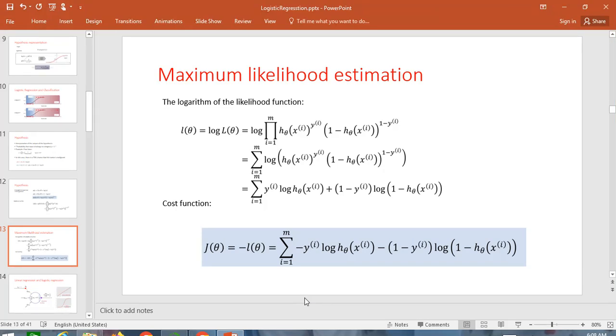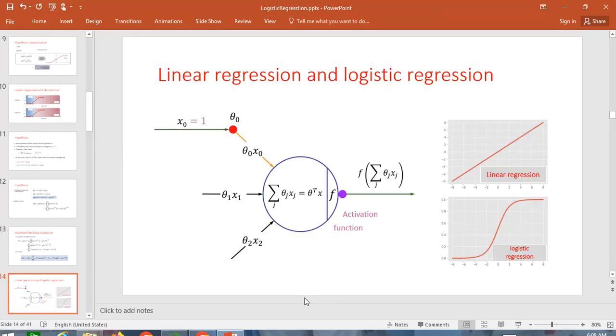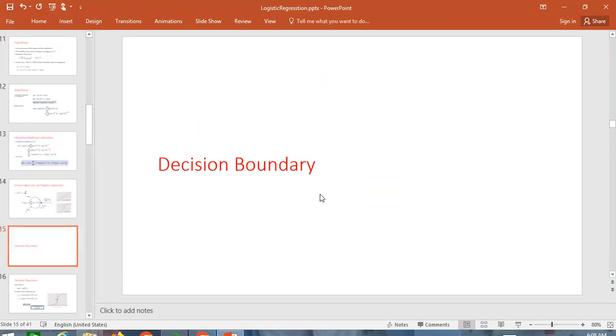These diagrams are the important forms that we have examined here. We said that we need a decision-making threshold and border. Notice in the figure that when theta transpose x is positive, the function returns a number greater than 0.